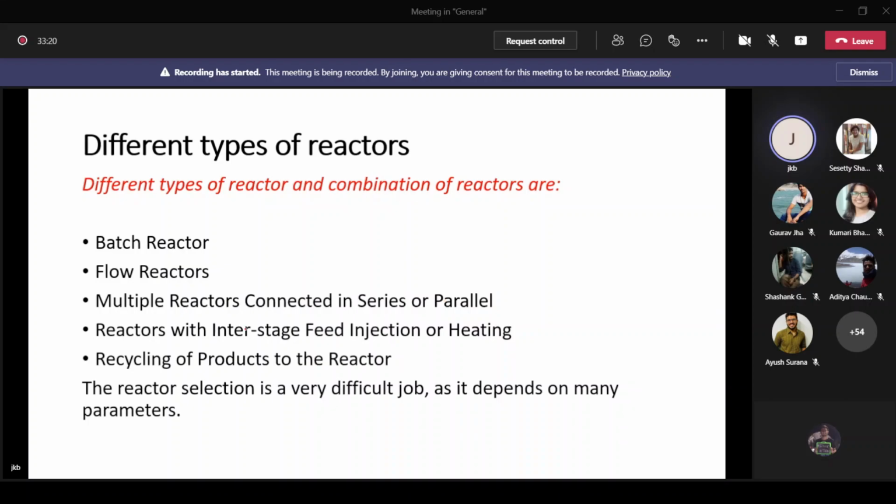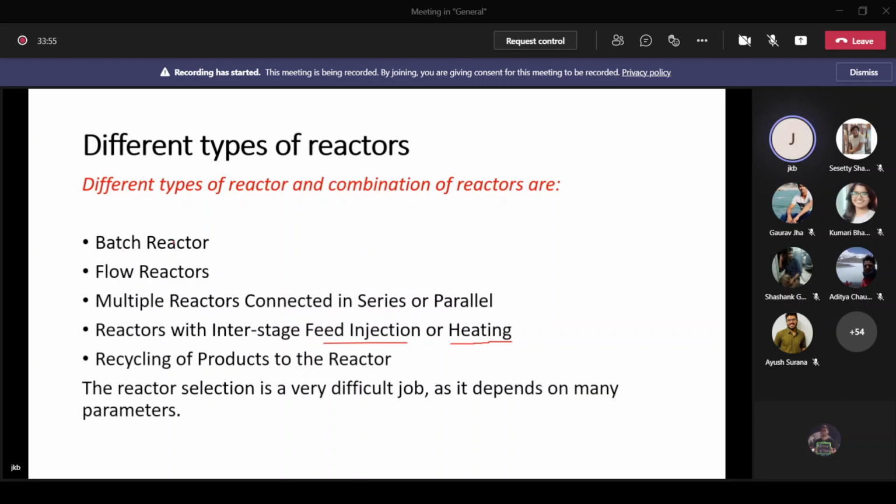Then two reactors with interstage feed injection, or two reactors with interstage heating, meaning one reactor, one cooler, then the next second reactor, then again one cooler. So there are two coolers in between three reactors. This is one arrangement. So various types of arrangements are possible, or we can use a single reactor.